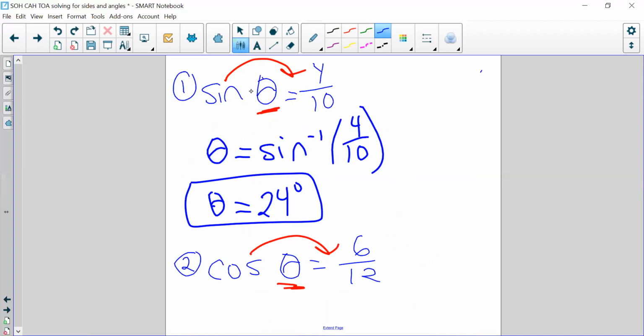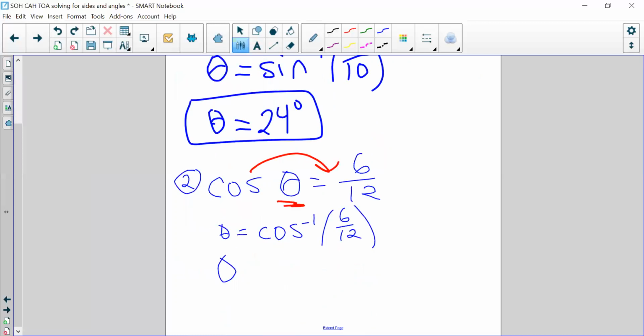So now I'm going to end up having theta equals cosine -1 of 6/12. 6/12 is a half. You can change that to 0.5 if you want, but don't worry about that. Your calculator handles all of this. To get that -1 with cosine, use shift or second function cosine to get the -1 of 6 divided by 12, and we get that to be a 60-degree angle.